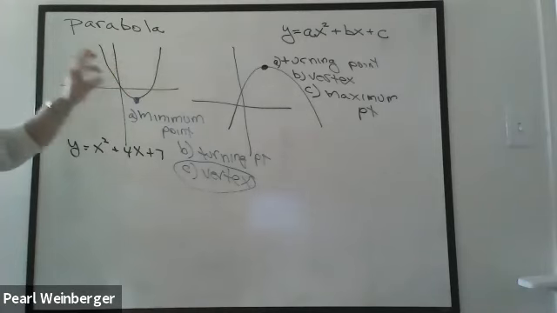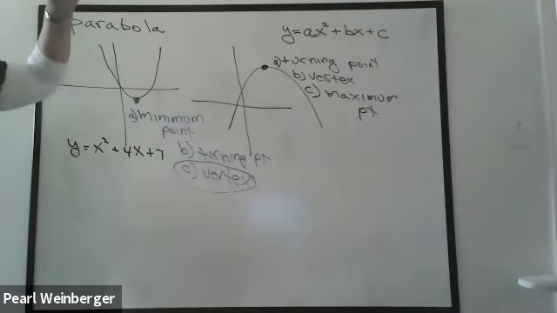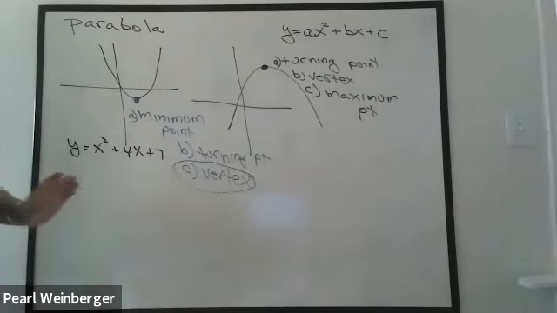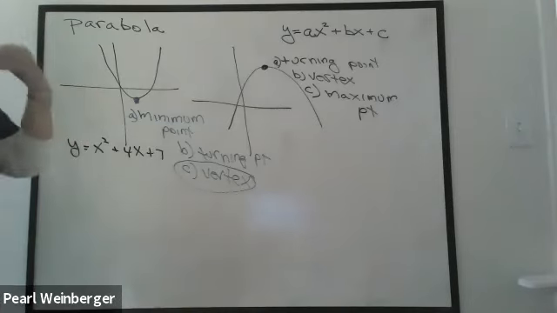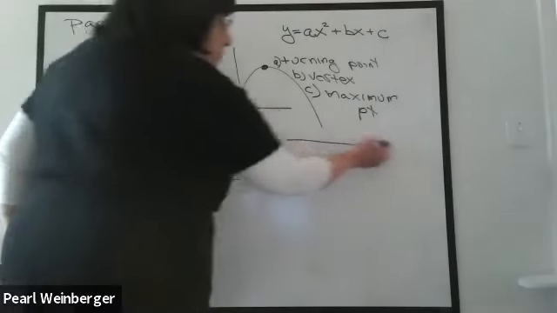If I can find that and also determine whether my graph is an opening up parabola or an opening down parabola, I would have a very good sketch of my graph. So those are the first things we're going to look at: how to determine if a parabola opens up or down, and how to find the vertex. And actually, there are relatively simple ways.